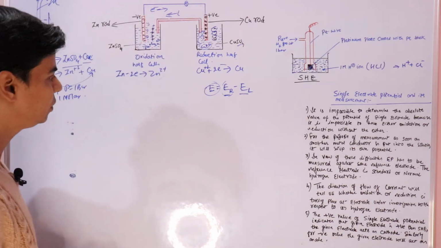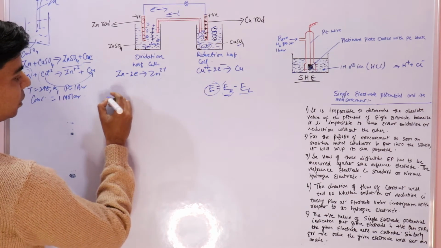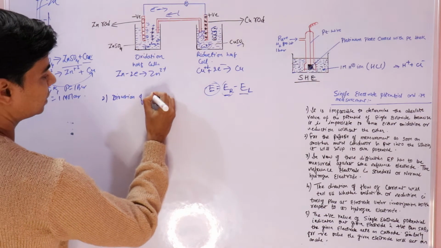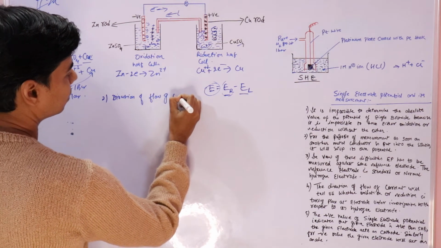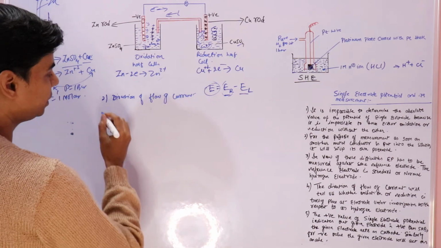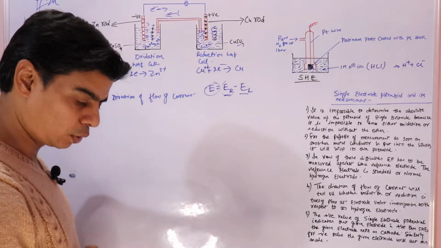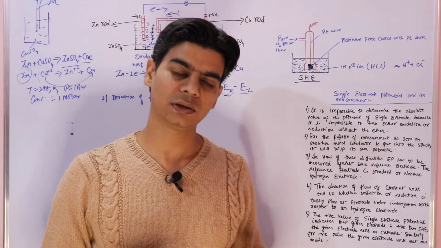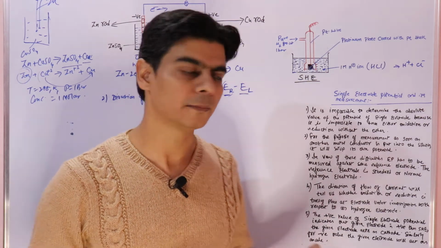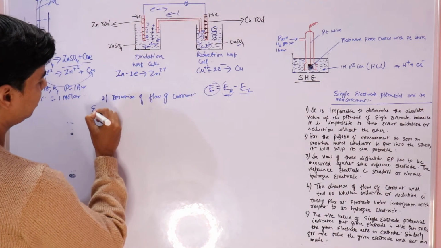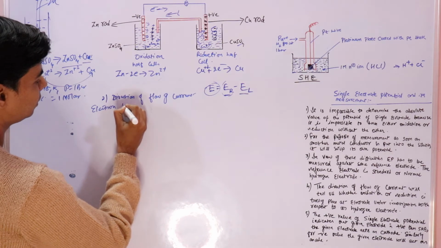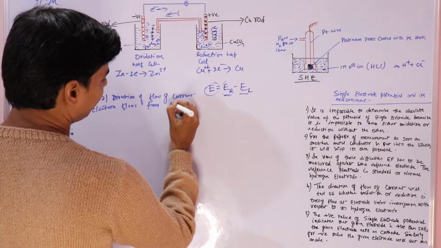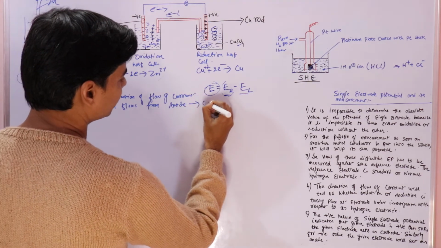And the second thing that we need to look at is the direction of flow of current. Since we know that current flows from cathode to anode, electrons will flow in the direction opposite to current, so electrons flow from anode to cathode.